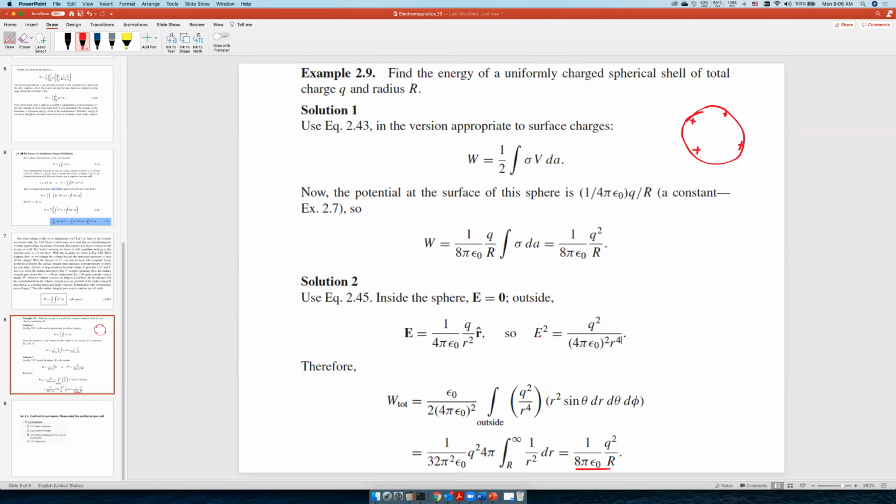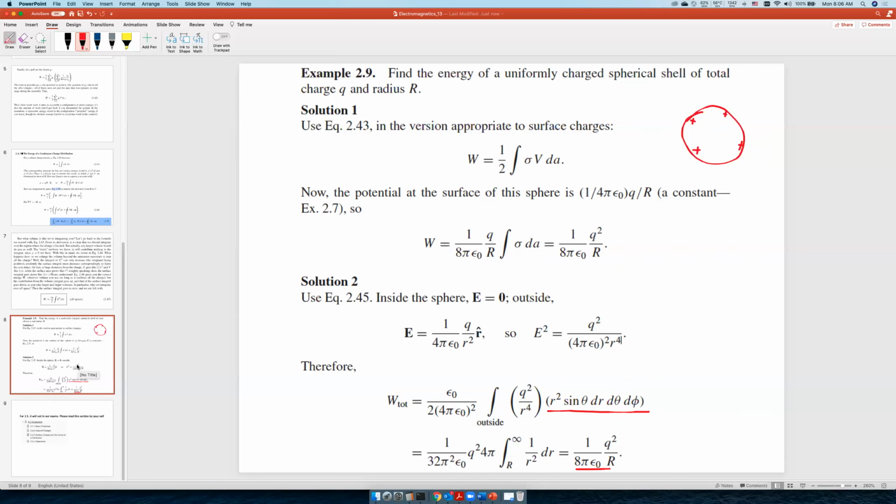If you forget why dτ equals this term, go back to chapter 1 and see the spherical coordinates. In that section, we have introduced what dτ is in spherical coordinates, and dτ can be described in this dr, d theta, d phi equation.